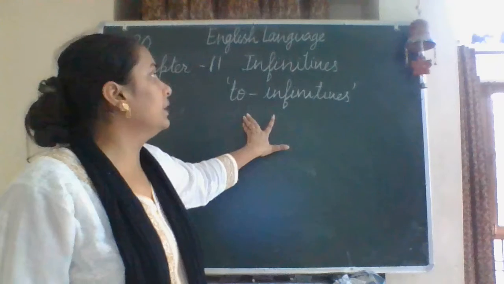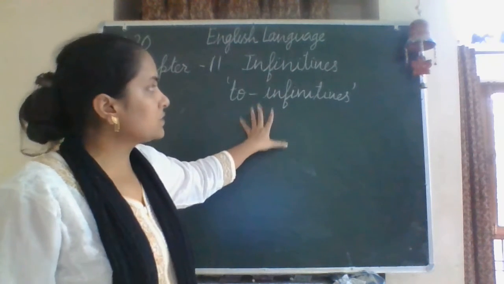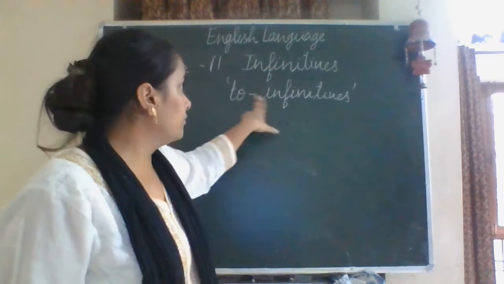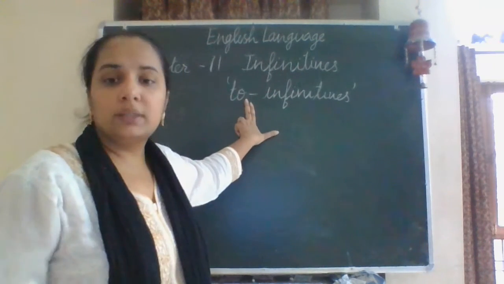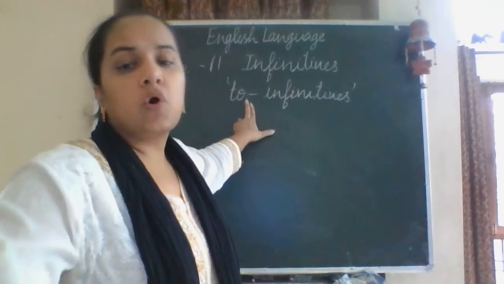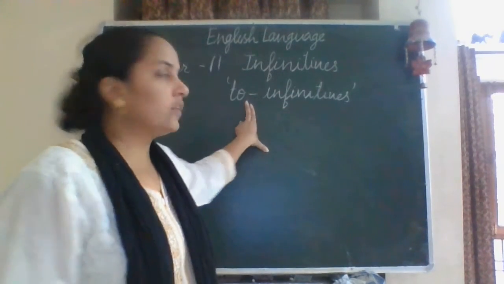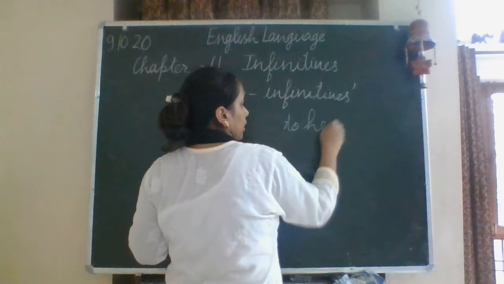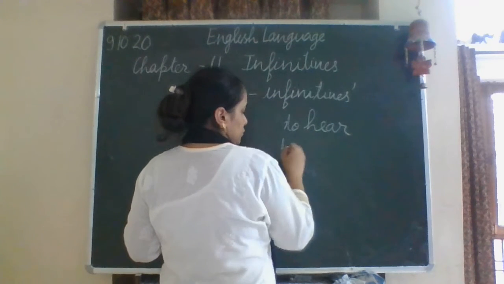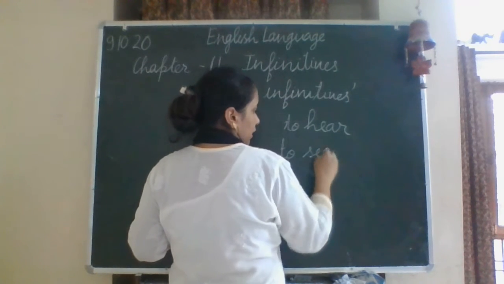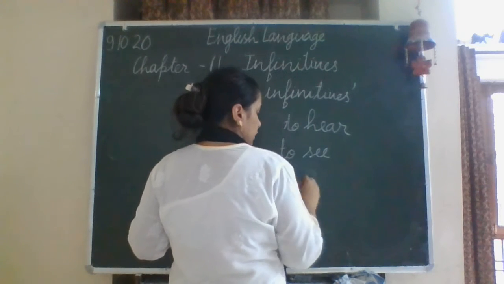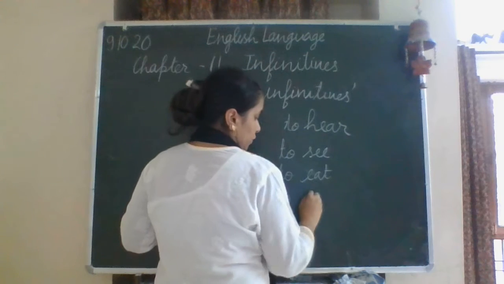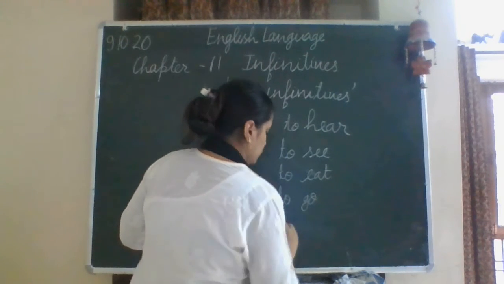So now we will learn the different rules of the infinitive, and we use this to with the base form of the verb. For example, to hear, to see, to eat, to go, to bring.